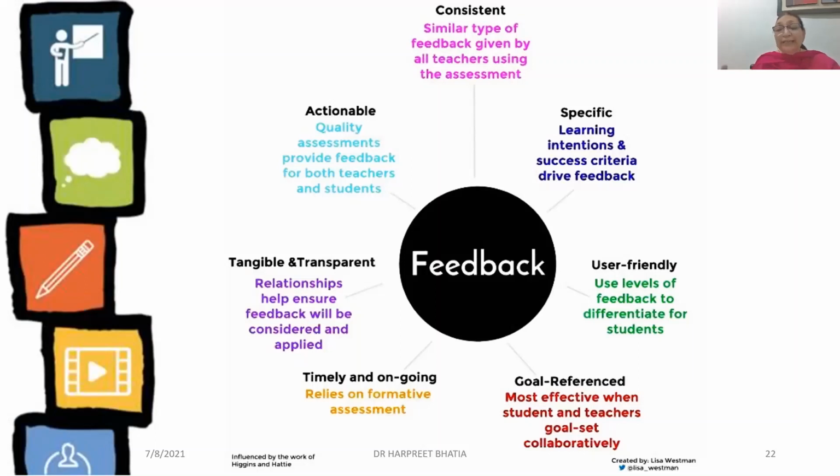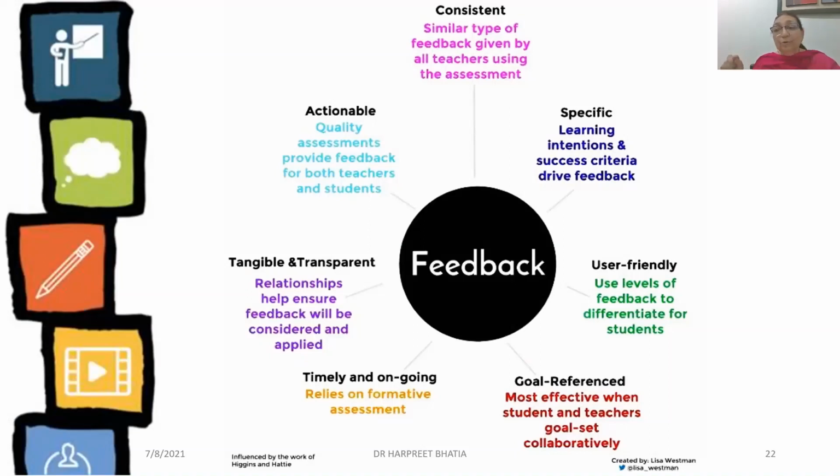That is, the person is exactly able to understand what it is that I need to improve. And when you are giving feedback, it is important to remember that different students are at different levels and require different feedback. The feedback needs to be goal oriented.